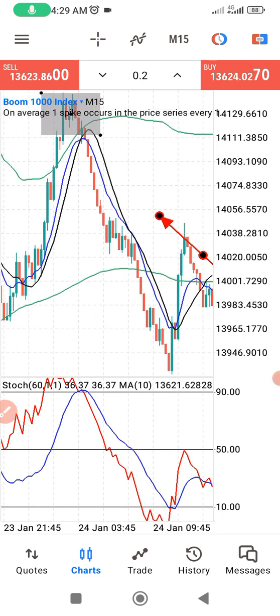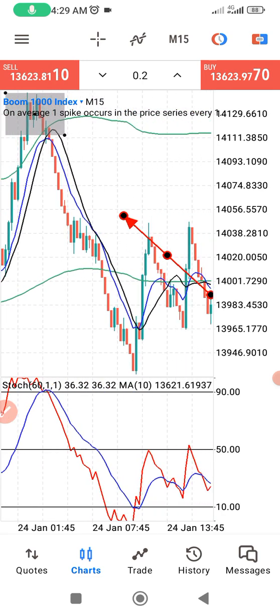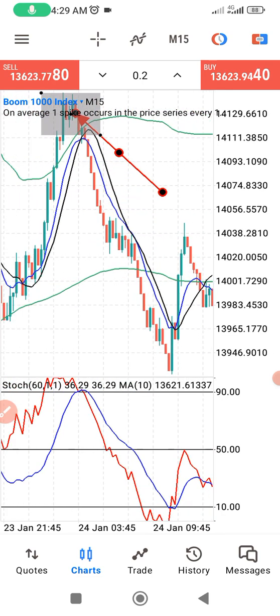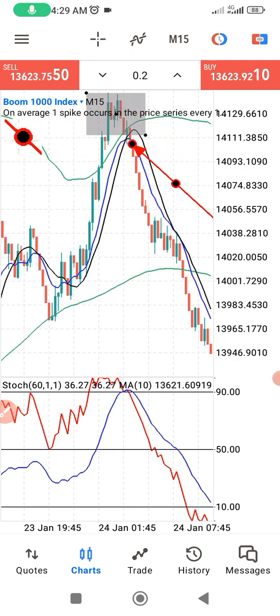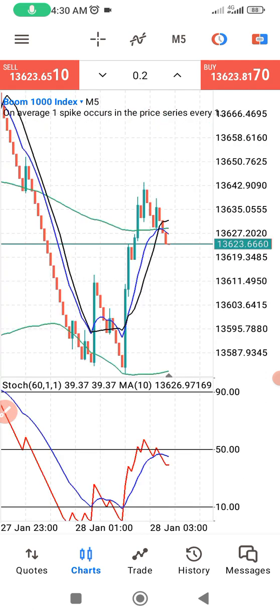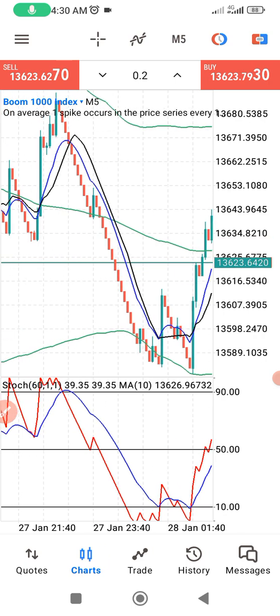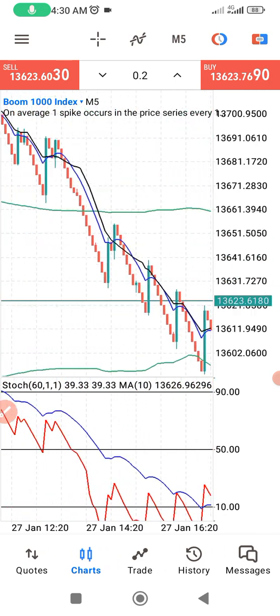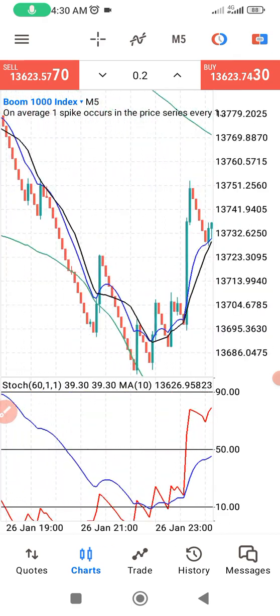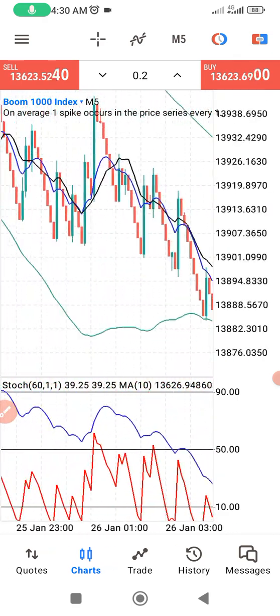Now, here we are, right? Once you have captured this at this point, this is 15 minutes, this is for scalping, it is above here. You go back to your 5 minutes and confirm if the same thing is happening. Let's look at where we mark on 15 minutes.